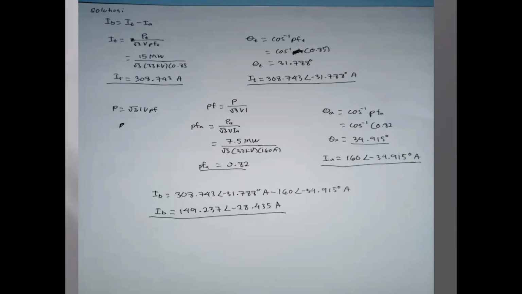Since what we are looking for is IB, we cross multiply, so IB is equal to IT minus IA.